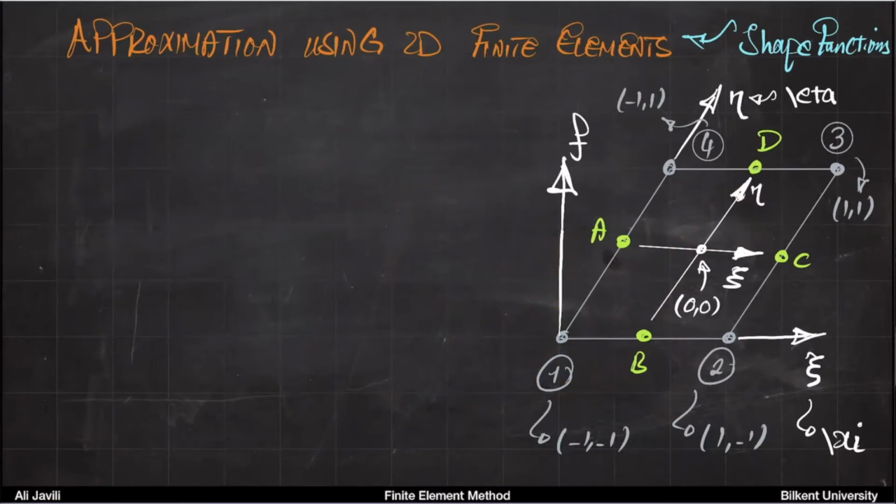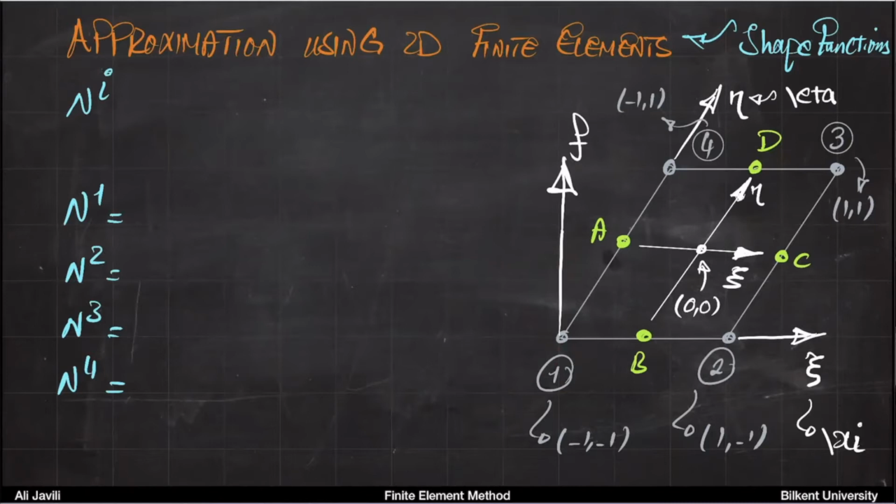And what is N4? All right, so we want to define N1, N2, N3, and N4. Okay, what is Ni? Let's just write Ni and its property.